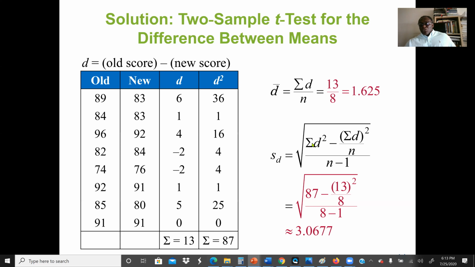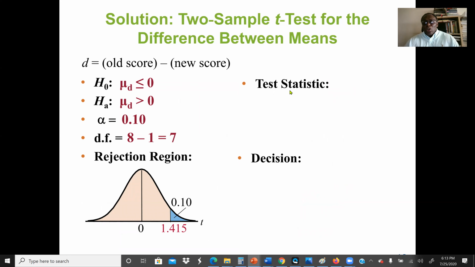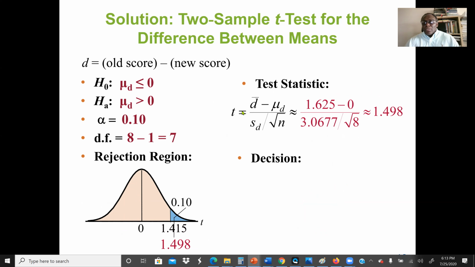So the first one here, the sum of d square will be 87. Then the sum of d all squared will be 13 square over the size 8, minus 1. Again, if you do your arithmetic operation, we get 3.0677.